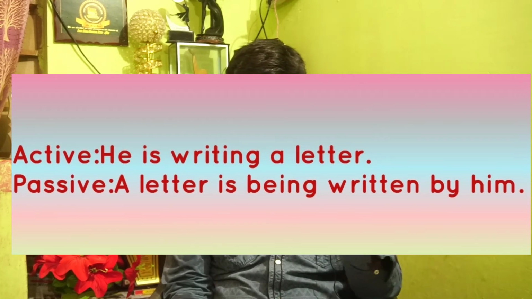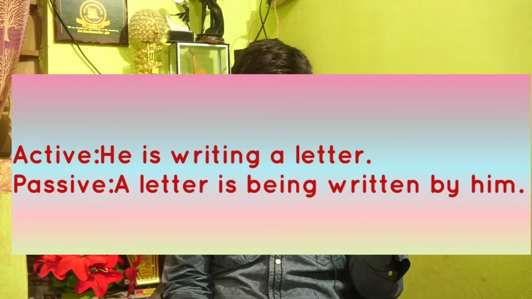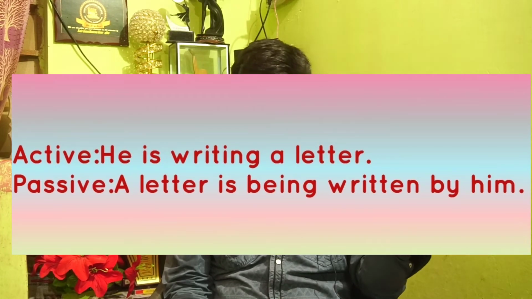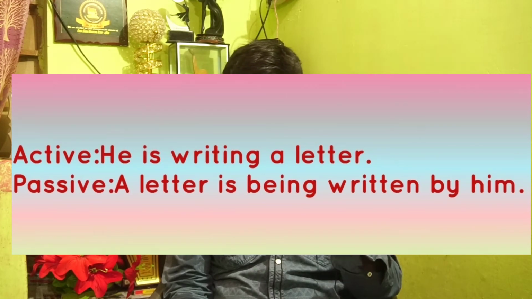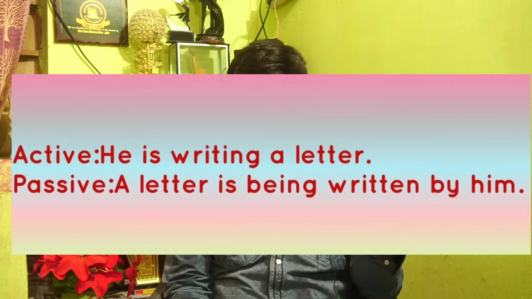A letter is being. Then we'll convert writing to the past participle form, that is written, and we'll add the preposition by, and then add the subject he. In place of he we'll write him. So this is the answer: a letter is being written by him.